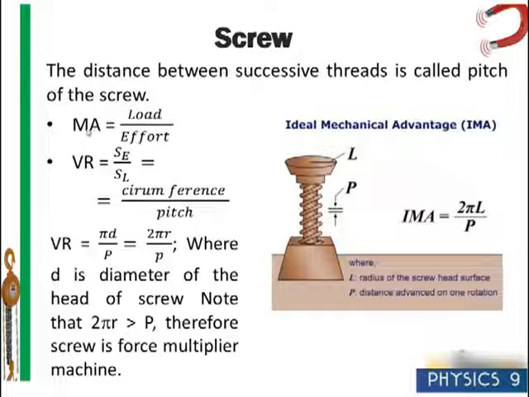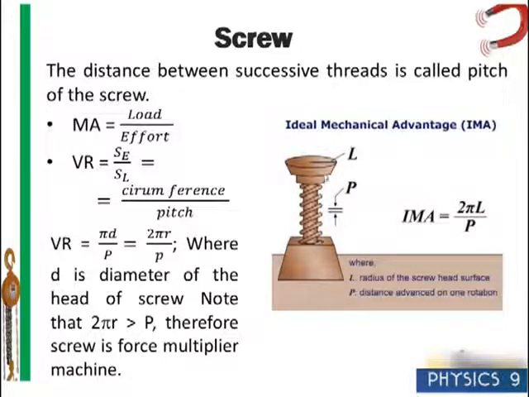And so the mechanical advantage, as we know, is equal to the load divided by the effort, and the velocity ratio is equal to the effort length divided by the load length. Now, in terms of the effort length, you can see probably by looking at the diagram here that the effort length is actually the circumference.